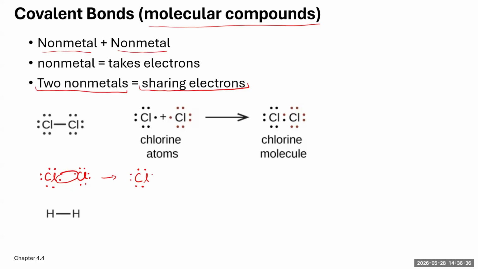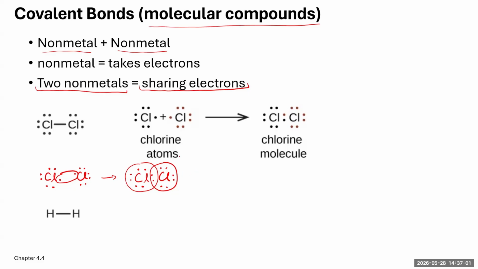So it's going to look something like this, where it's going to be chlorine with those 8 electrons and another chlorine with the 8 electrons. And I'll circle what I'm talking about. This chlorine on the left has 8 electrons. 7 of them came with the left chlorine. It borrowed one from the right chlorine. This chlorine on the right has 8 electrons. It started with 7, but it borrowed one from the left chlorine.